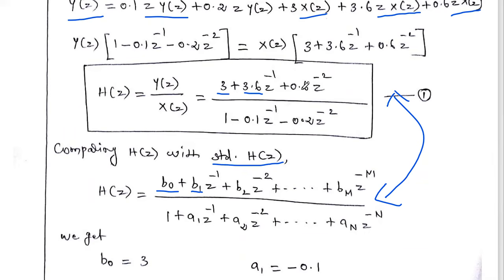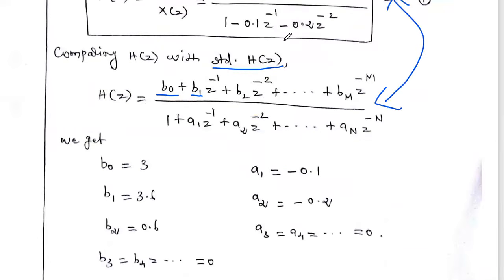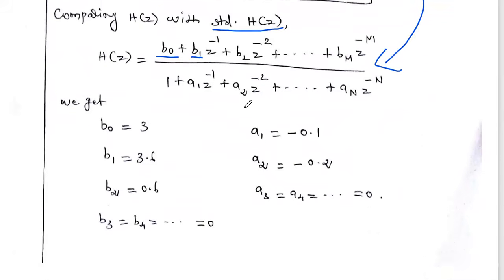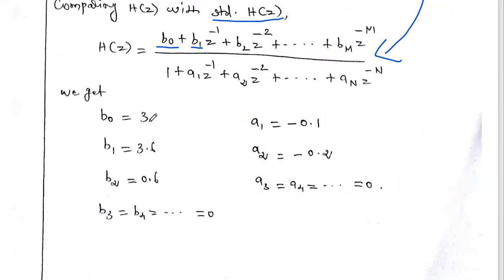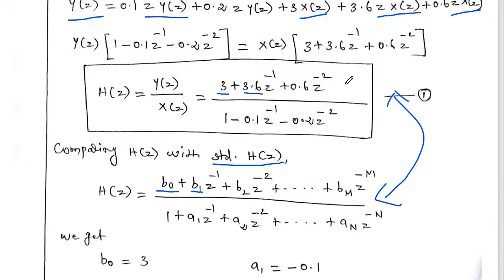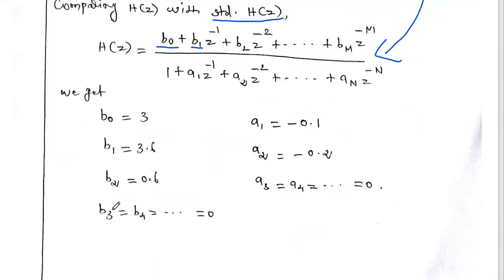Similarly, the Z power minus 2 coefficient is 0.6, so B2 is 0.6. After comparing, you write B naught is 3, B1 is 3.6, B2 is 0.6. There is no Z power minus 3 term, minus 4 term, etc., so the B3, B4, etc. values are 0. Only these three coefficients.